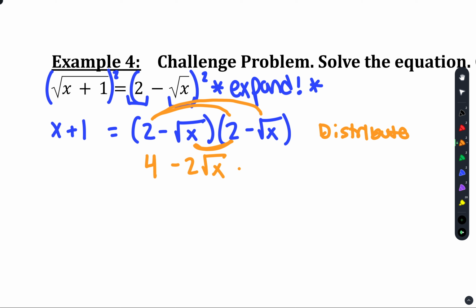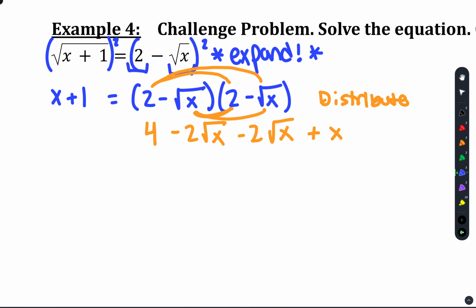Same thing for this guy, negative 2 square root x. And then, if I have negative square root x times negative square root x, 2 negatives make a positive, and then what happens to those square root x's? If I multiply square root of x times square root of x, I get just x. Remember, that's our rule. If we multiply a radical times itself, the radical goes away. Let me drop that x plus 1 down.